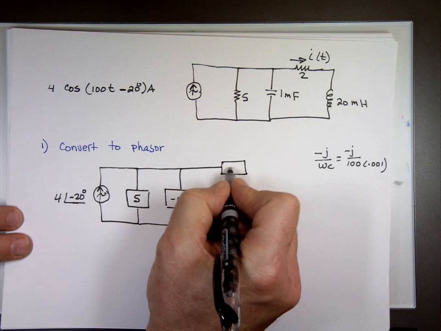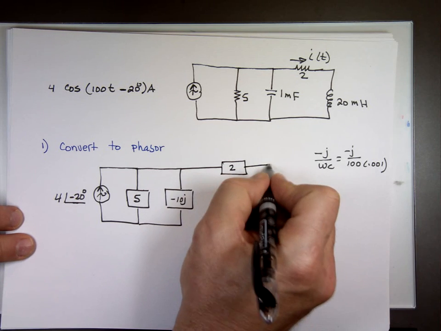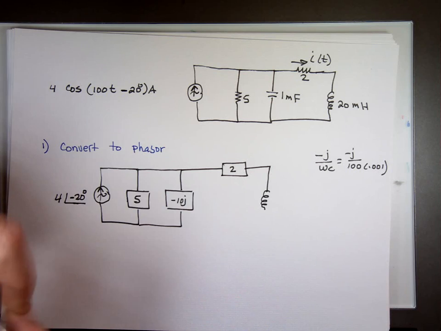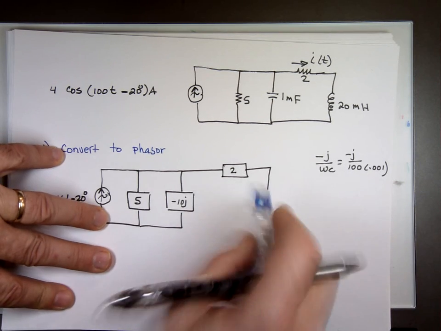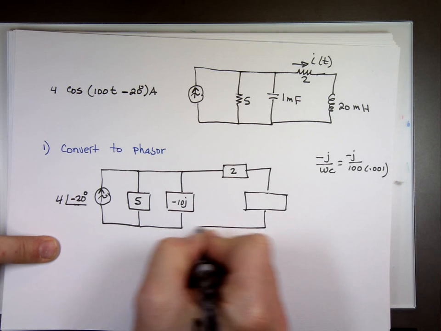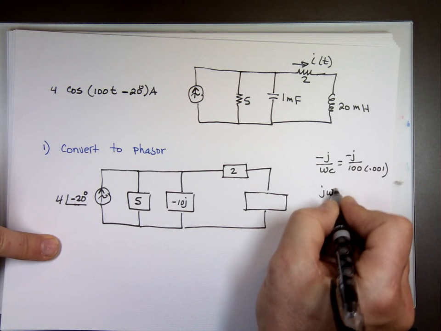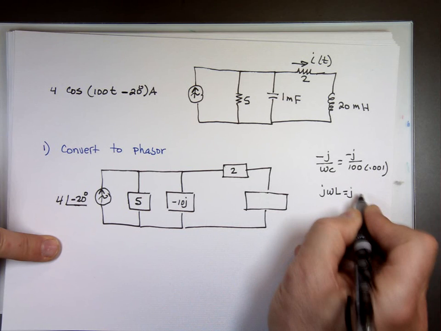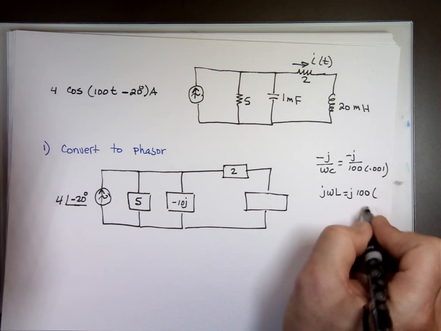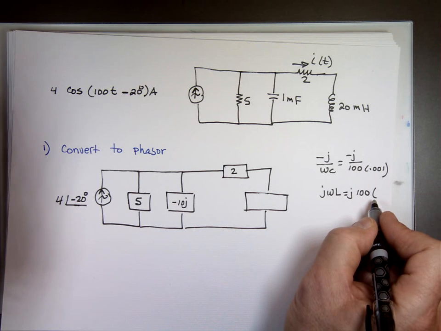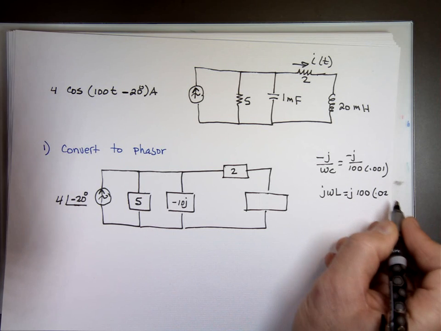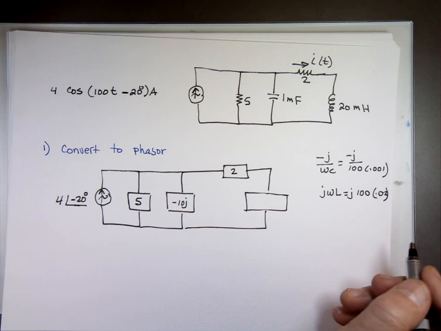This resistor is 2. For the inductor, J omega L. Omega is 100, L is 0.02, times 100, that makes 2J.